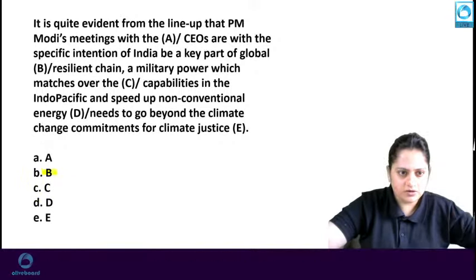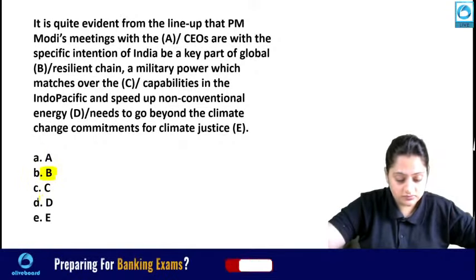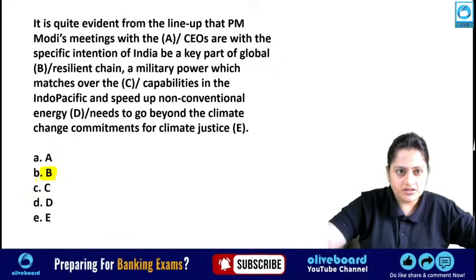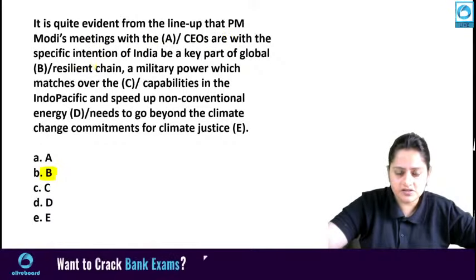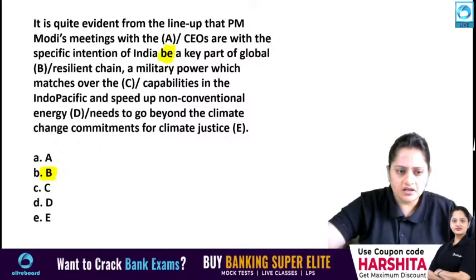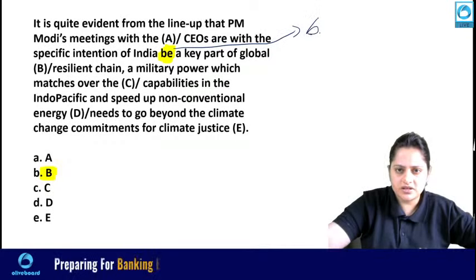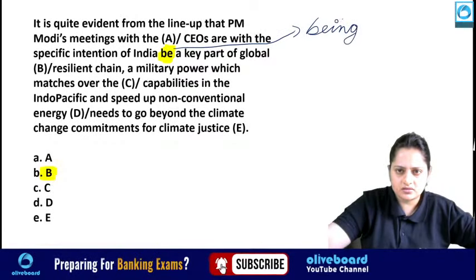It is the B part, but what is it? Can anybody tell me? It is quite evident from the lineup that PM Modi's meetings with the CEOs are with the specific intention of India being a key part of global resilient chain. India being, okay, not B.